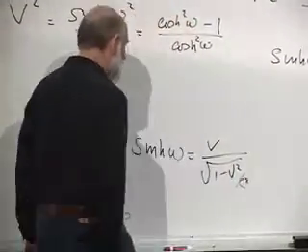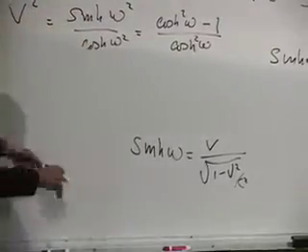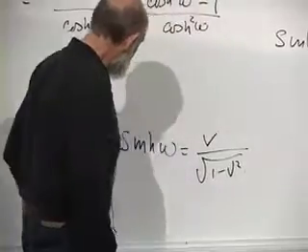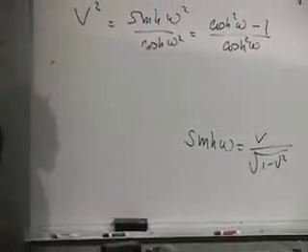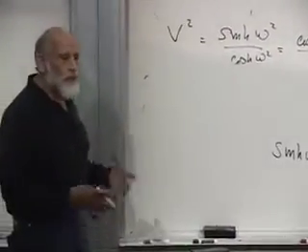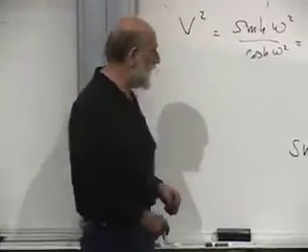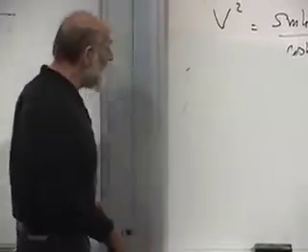I'll not put the c squared there. Sinh omega is essentially omega when omega is small, just like sine theta is theta when theta is small.